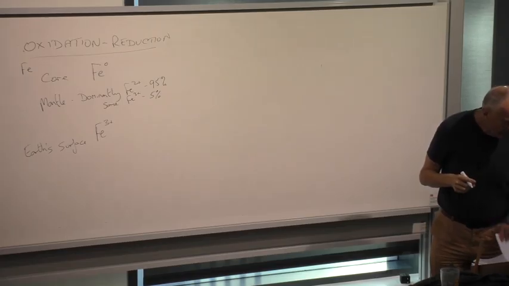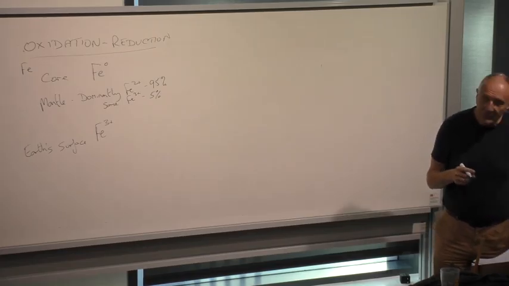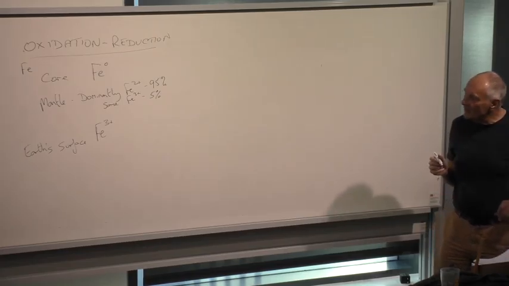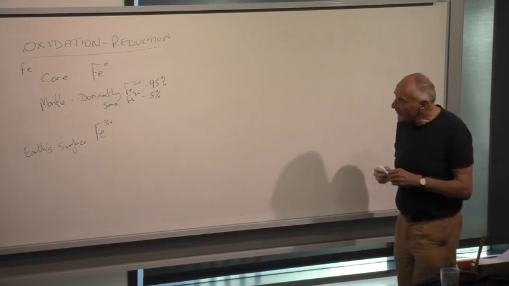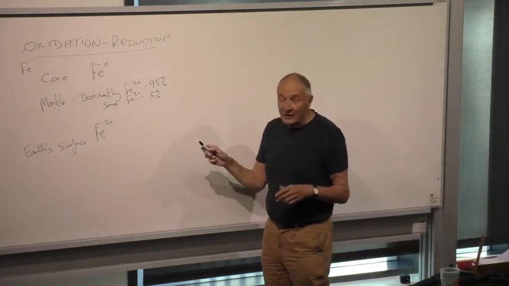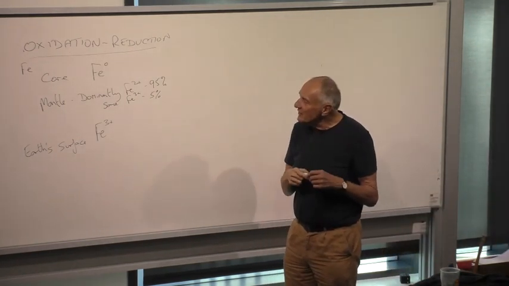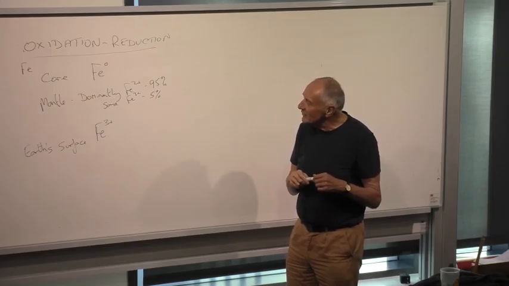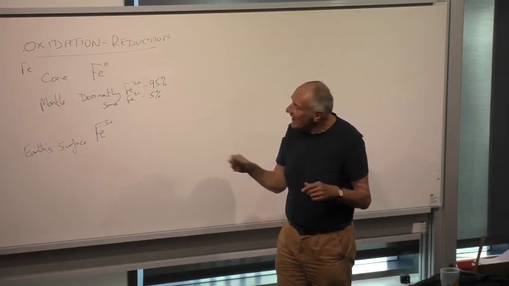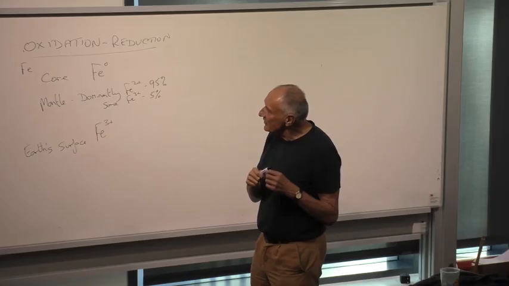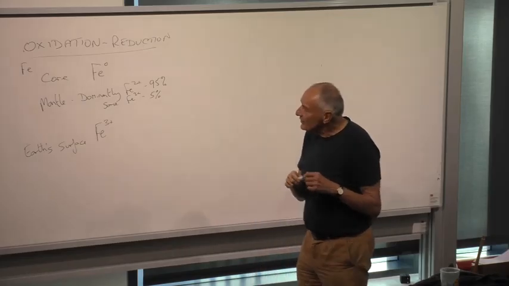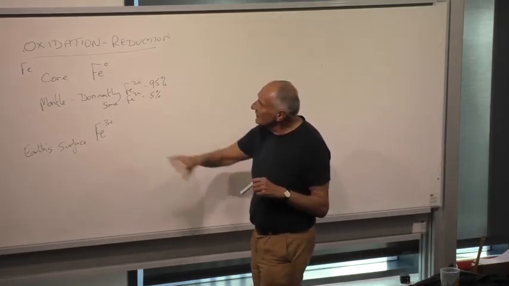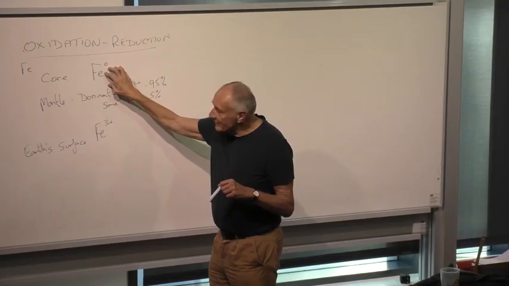And one of the subjects of a lot of current research is to try and figure out how, if possible, the Earth's interior, the mantle and the core, mantle and the crust, have changed with time in terms of their oxidation state. Because obviously, very early in Earth history, the iron core segregated.